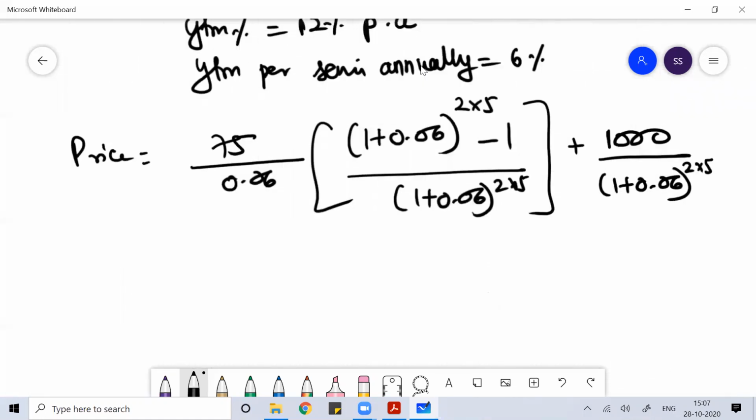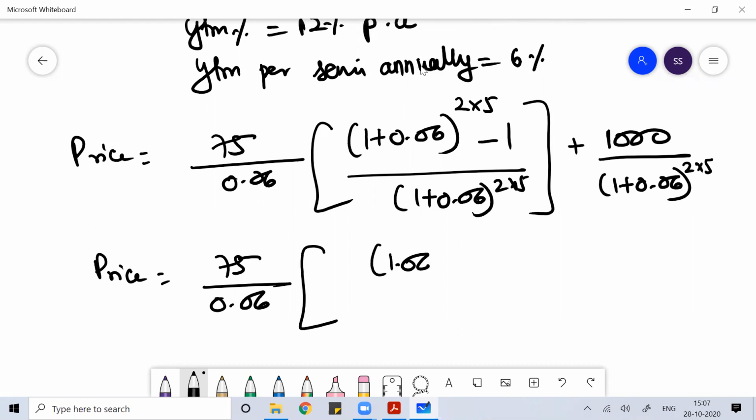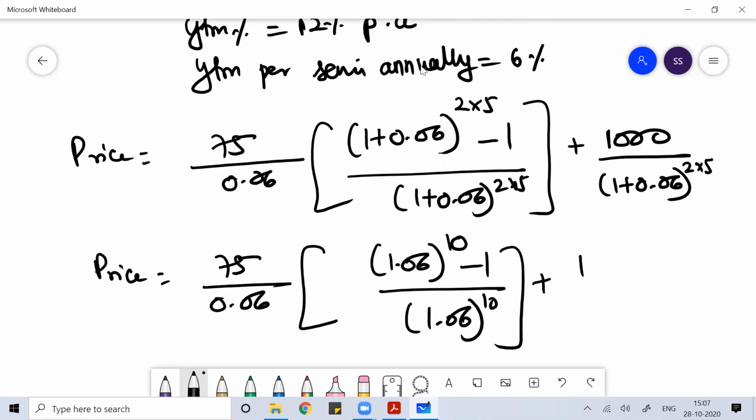That will give you the price of the bond. So the price of the bond is equal to 75 divided by 0.06, into 1.06 to the power 10 minus 1, divided by 1.06 to the power 10, plus 1000 divided by 1.06 to the power 10.